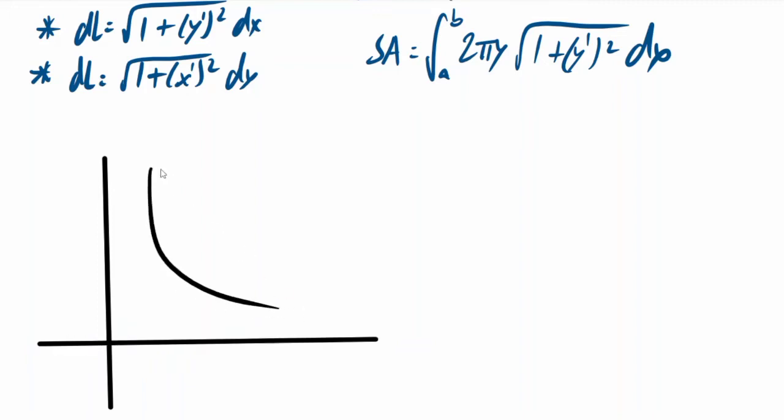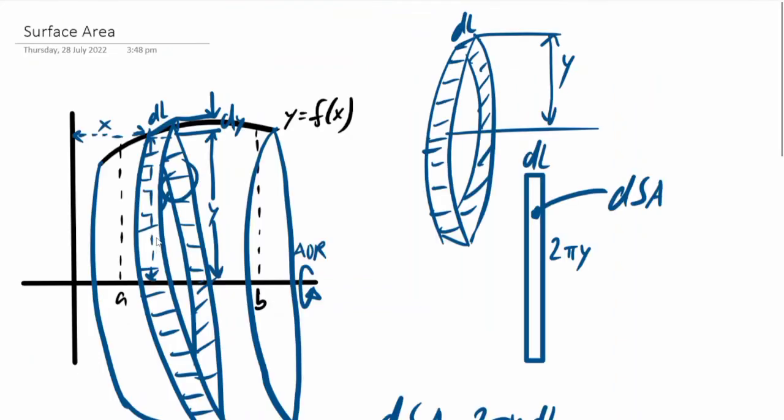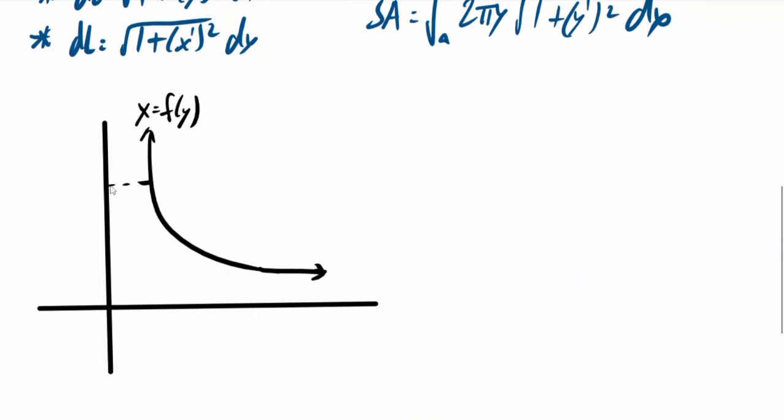Let's say this is our x equals f of y, and this is our D, this is our C. This is our limits from C to D.